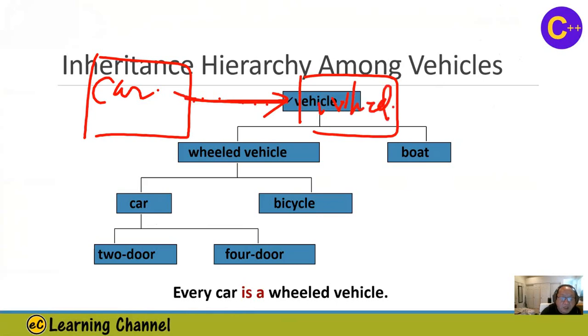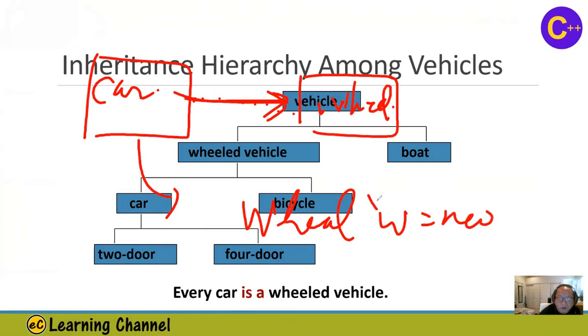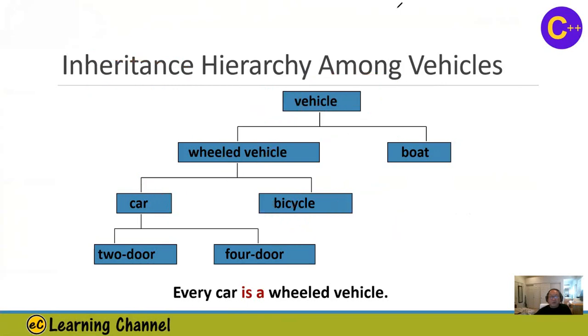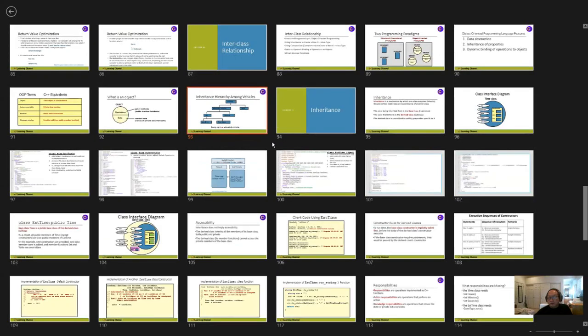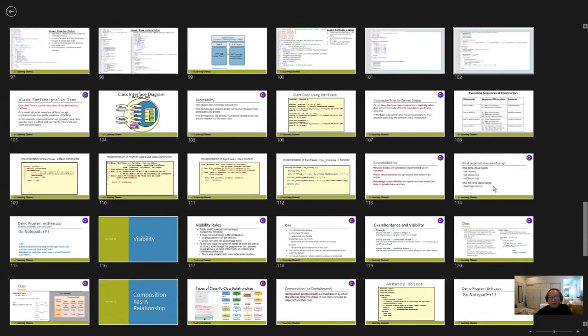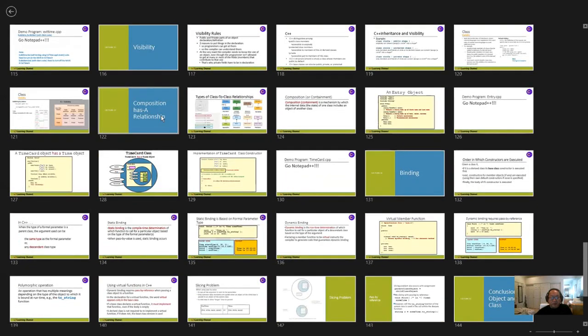Usually in the car class there is something called wheel, W equals new something. That's called the has-A relationship. A car has four wheels, but a car is a wheel vehicle. That's two different relationships. Okay, that's the hierarchy.